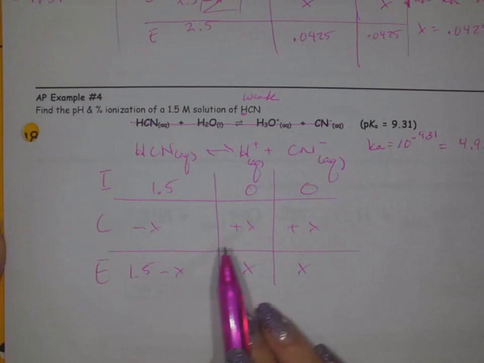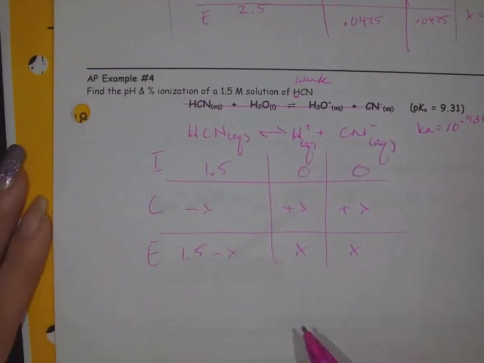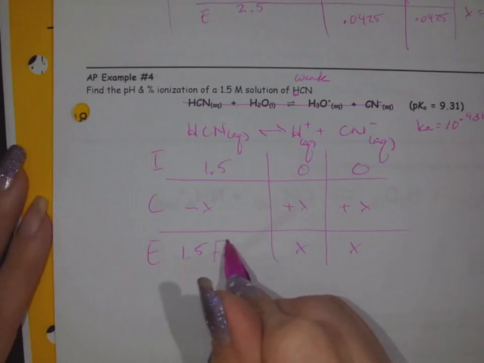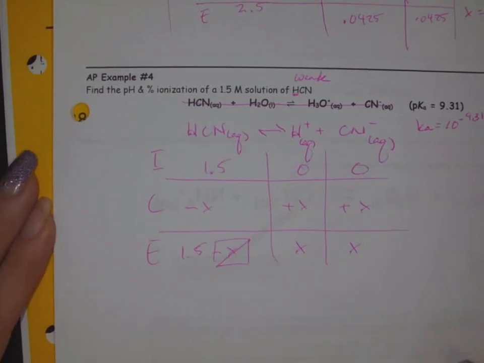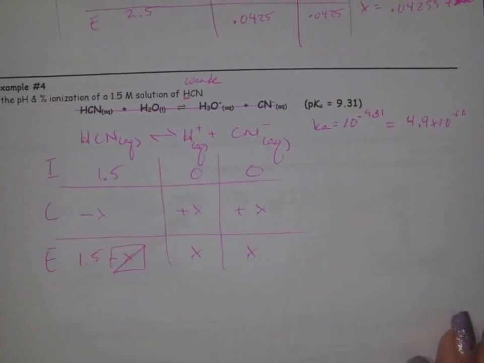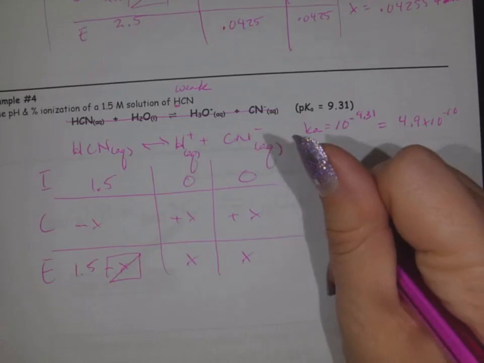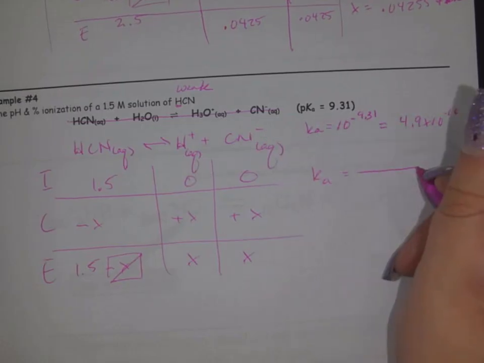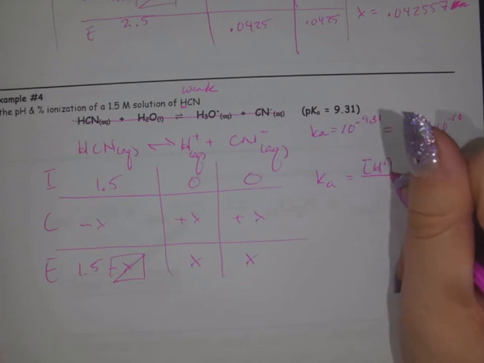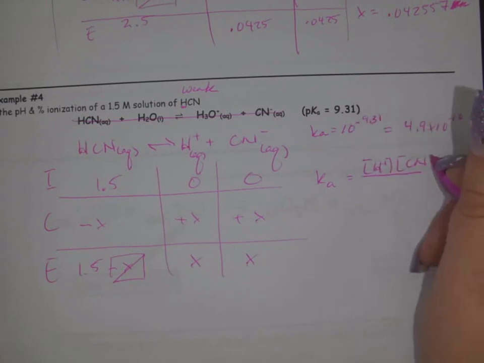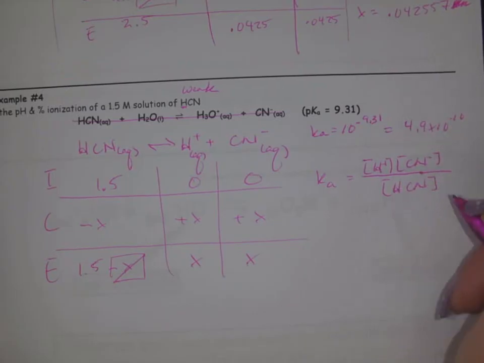Weak acids and weak bases always have a small enough K value that we can make this ignoring exception there. We can neglect that little bit that we're subtracting from 1.5. And so then Ka, products over reactants, we don't include liquids or solids, so the concentration of H+, the concentration of CN-, all over the concentration of HCN.